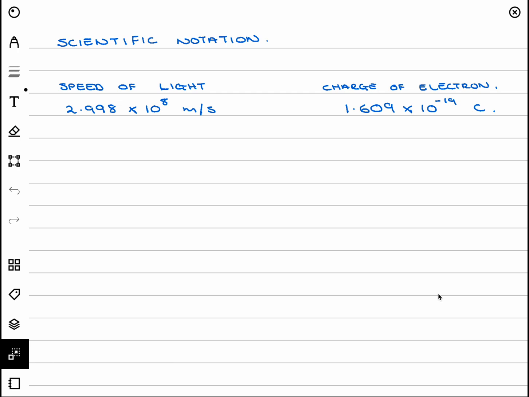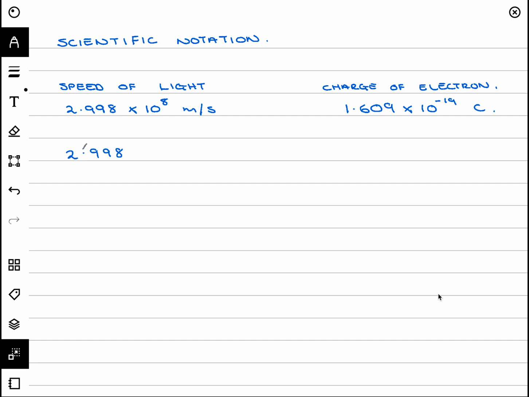So to get some reference why these two values are so different as far as scale is concerned, what we can do is write them in our standard form. So if I was writing 2.998 times 10 to the 8 meters per second, what I would actually do is this: 2.998, and the decimal place is quite important here.